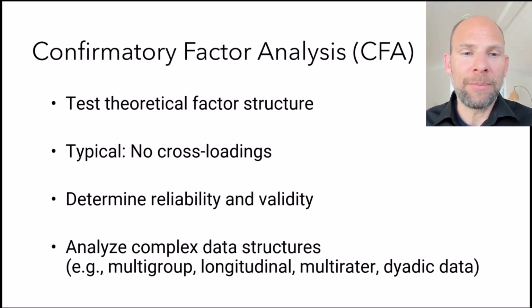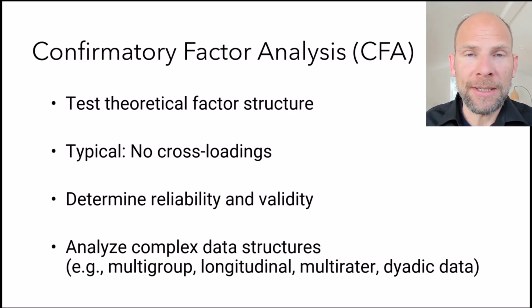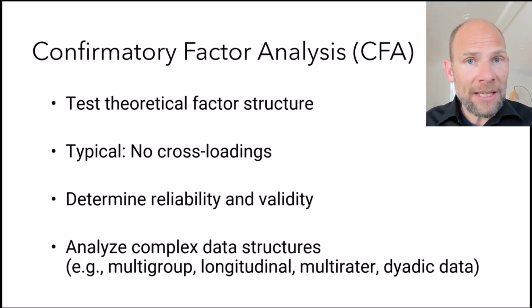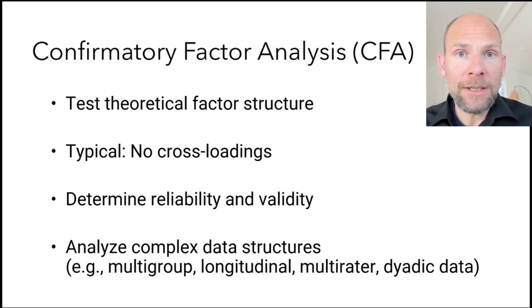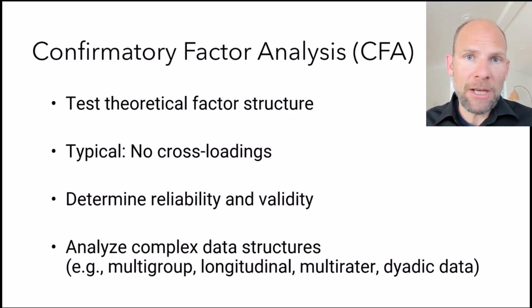So there's more flexibility for analyzing more complex correlation and covariance structures and to impose constraints on parameters. For example, with CFA, it's very easy to fix certain parameters to theoretically assumed values and to put in equality constraints, for example, to test measurement invariance across groups or across time.